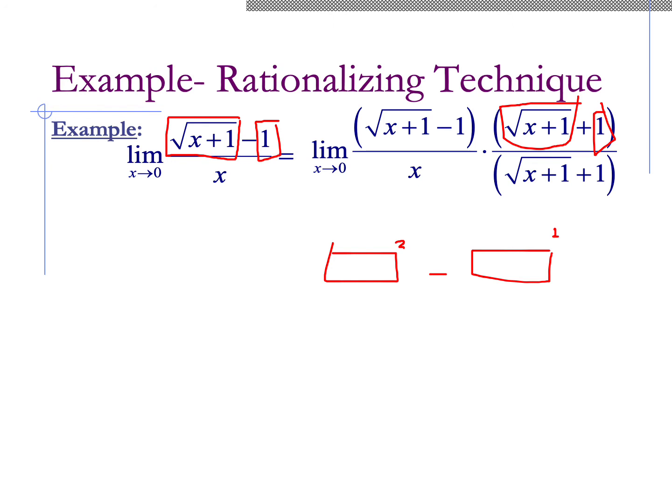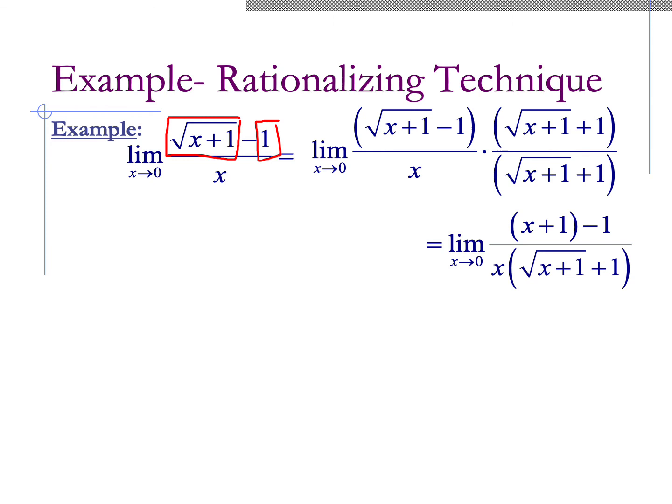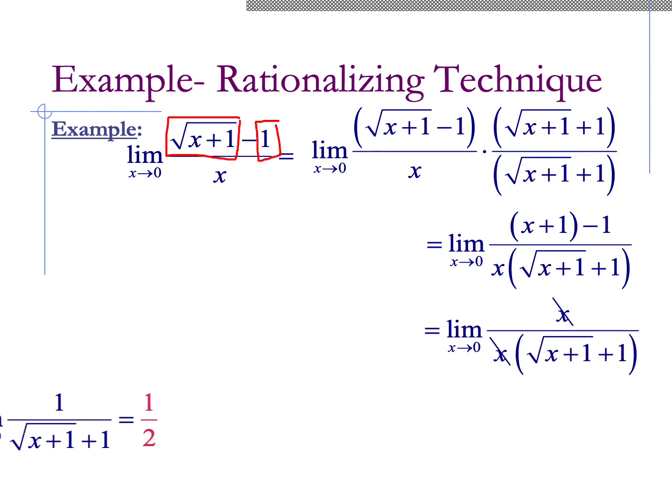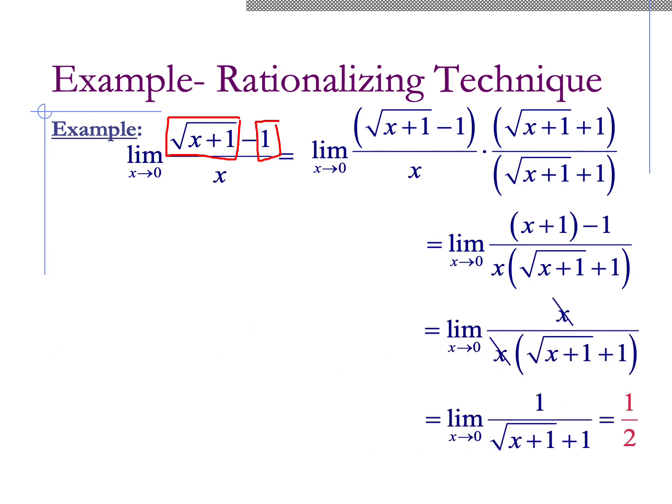So we can easily say here we get only x plus 1 minus the 1 squared, which is 1, and the denominator stays as it is without changing, which means the answer becomes x plus 1 minus 1, which is x. Then we cancel x with x, we get a new limit, and when we replace we get half.